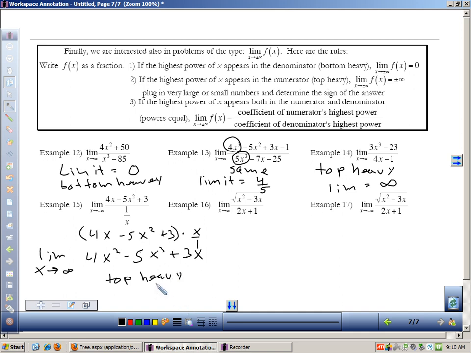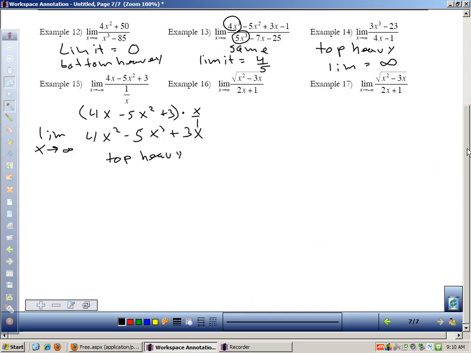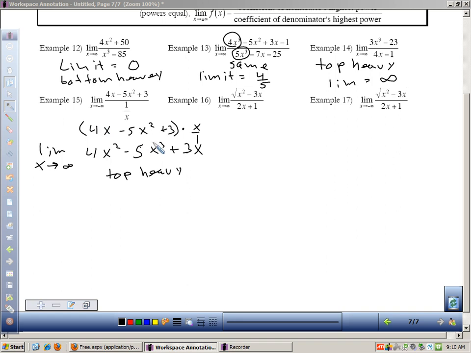So we can plug in a really huge value of x to see if our limit is going to be plus or minus infinity. If I plug in a really huge value of x, I get a positive number here. So the limit equals infinity.